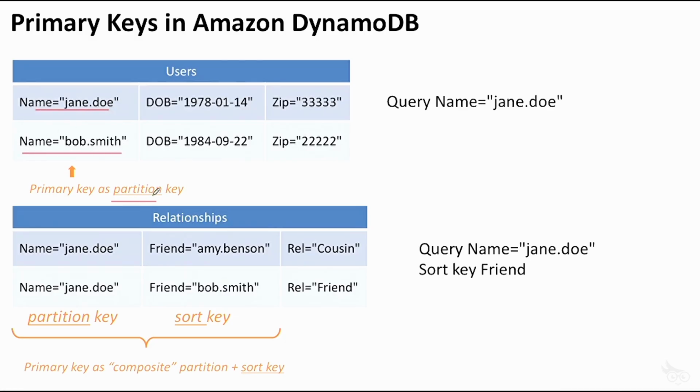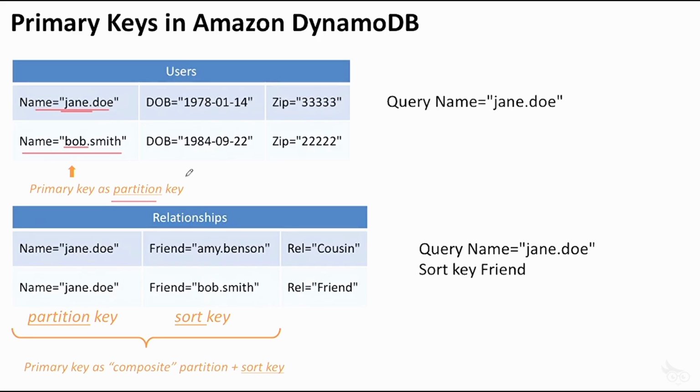And we call it a partition key because Amazon DynamoDB, being a distributed service, in order to handle the amount of data and the amount of throughput that we might throw at it, the data will be distributed among a number of different nodes or a number of different partitions. And so the Amazon DynamoDB service will determine which partition these items belong to according to the primary key. So that's why they call it a partition key.